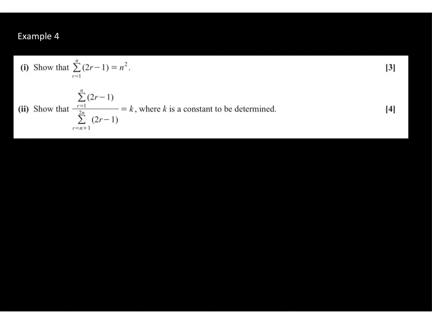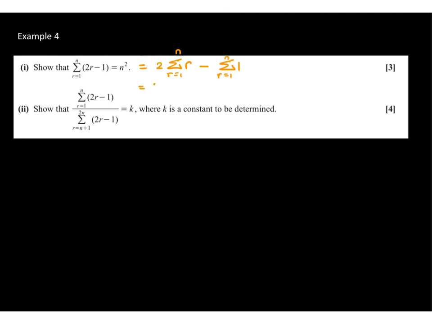Okay, one last example. So the first part, really standard by now: show that the sum is equal to n squared. So let's take a look at this. Do this up here. Splitting this up, this becomes 2 multiplied by the sum of r between r equals 1 and n, take away the sum of 1.